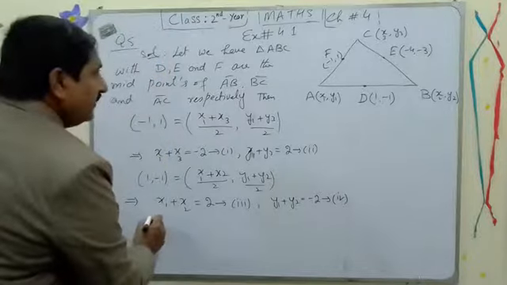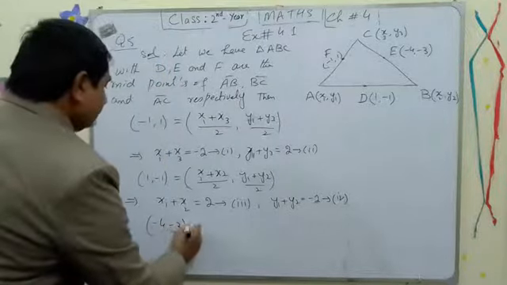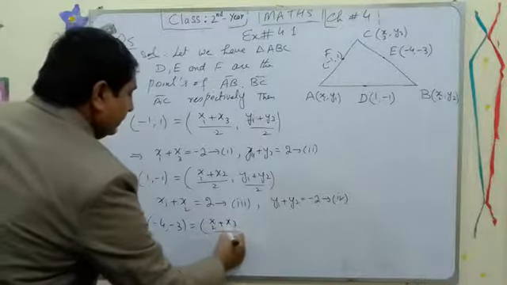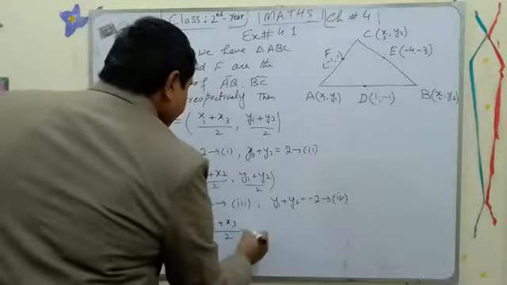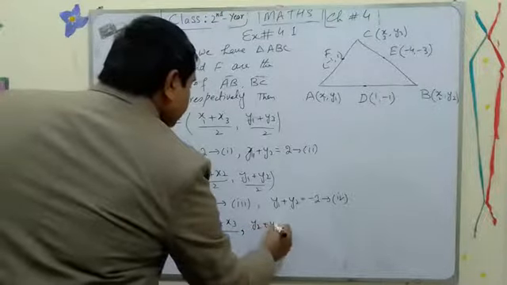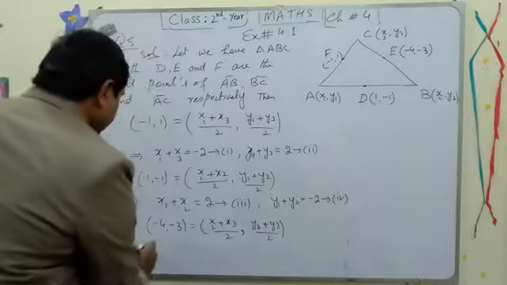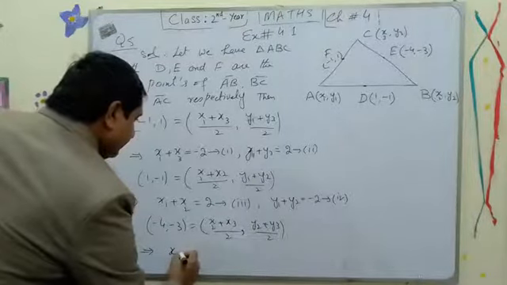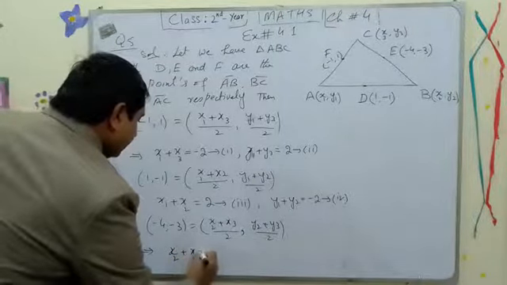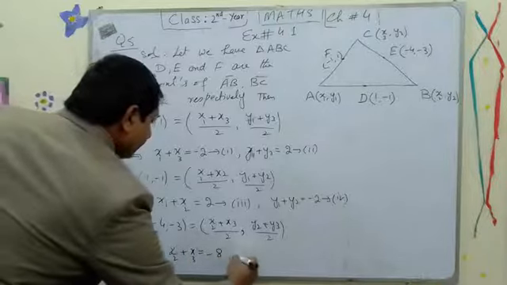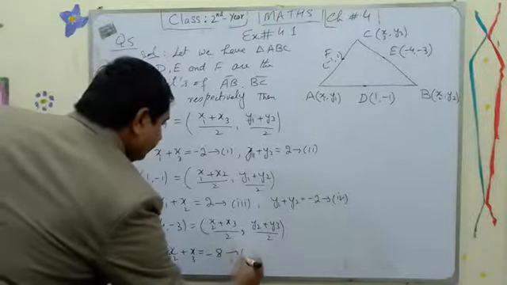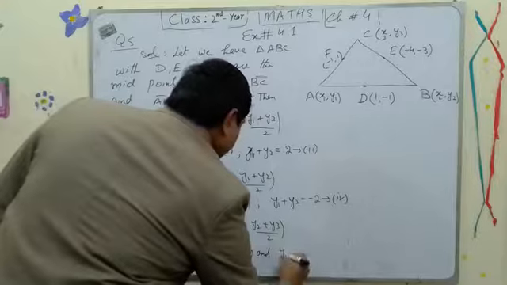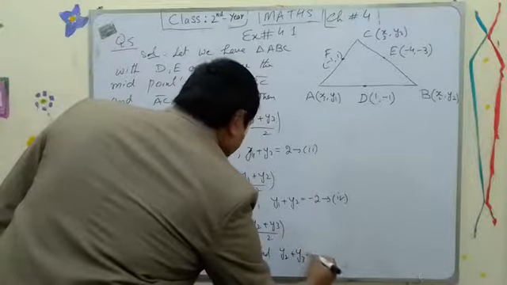Similarly, (minus 3, minus 4) is equal to ((x2 plus x3) divided by 2, (y2 plus y3) divided by 2), and this implies that x2 plus x3 is equal to minus 8, and this is equation 5, and y2 plus y3 is equal to minus 6.